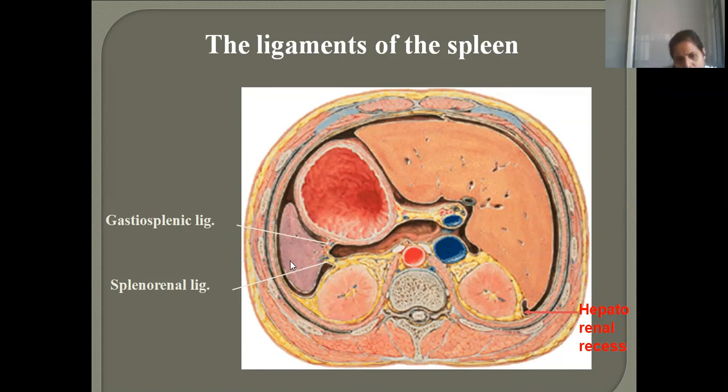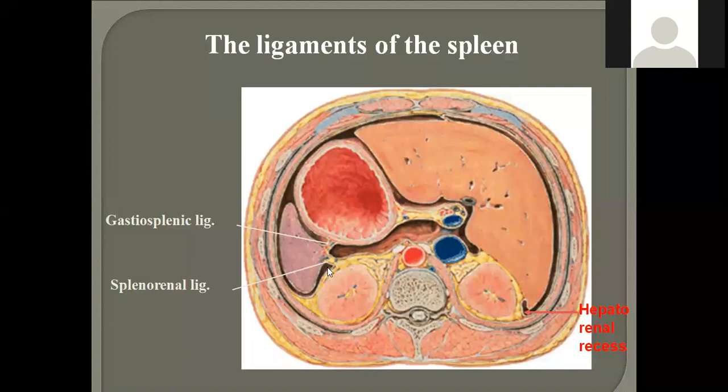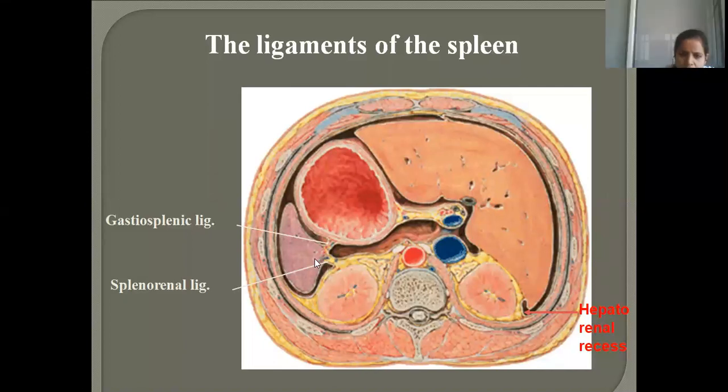Okay. Now, are you finding the spleen has a connection anteriorly with the stomach and posteriorly with the left kidney? Can you see these two connections? Yes. These are also peritoneal folds only. The connection between the stomach and spleen, you call it the gastrosplenic ligament. This spelling mistake, beta, this should be R, not I. Gastro means stomach.